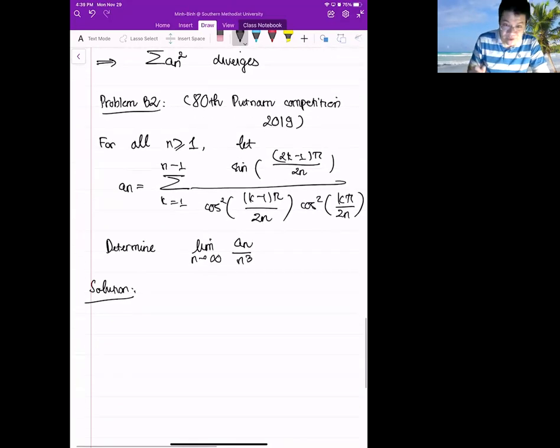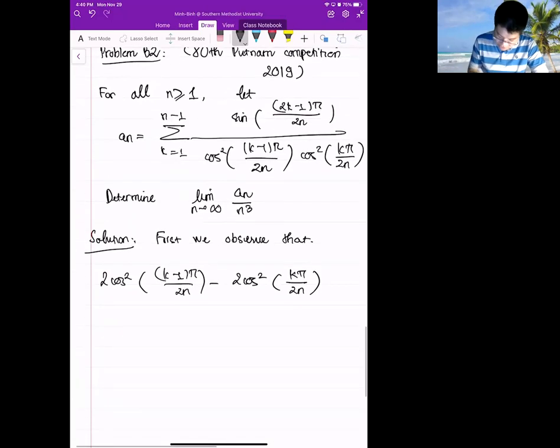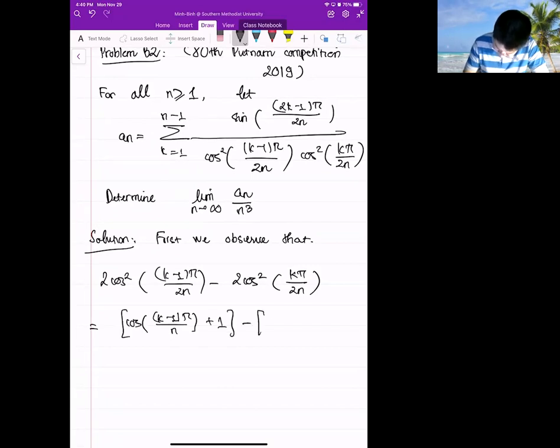All right, so first we observe that 2 cosine squared of (k minus 1) pi over 2n minus 2 cosine squared of k pi over 2n is going to be cosine of (k minus 1) pi over n plus 1 minus cosine of k pi over n minus 1.